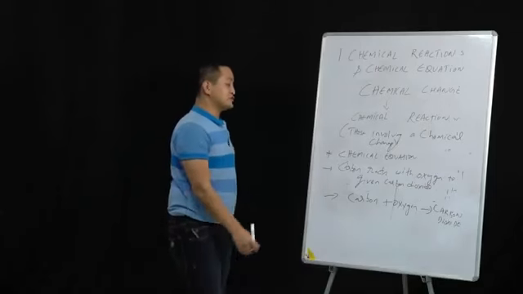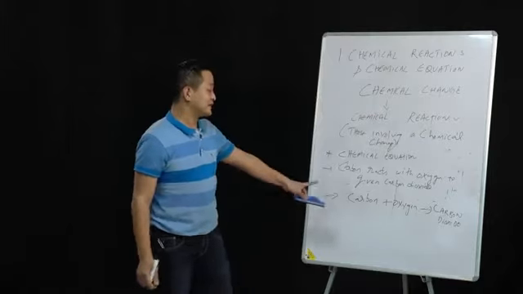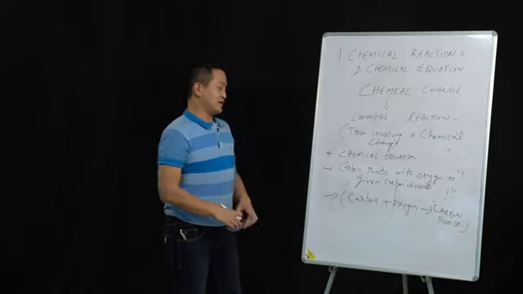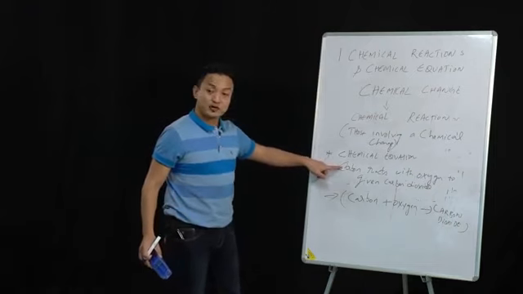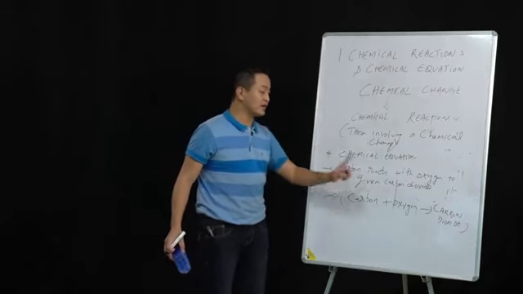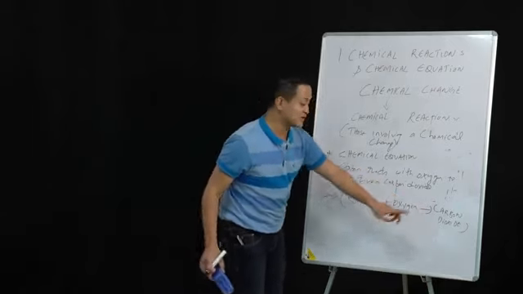So carbon and oxygen react to give carbon dioxide. This type of equation is called a word equation, which is much shorter than the first one. Carbon reacts with oxygen to give carbon dioxide.